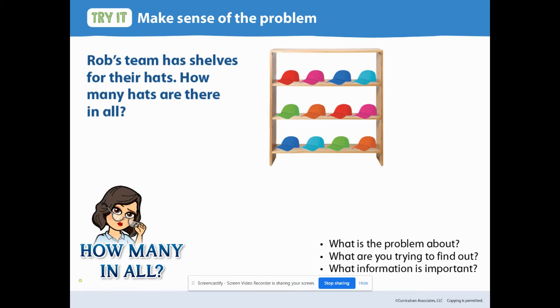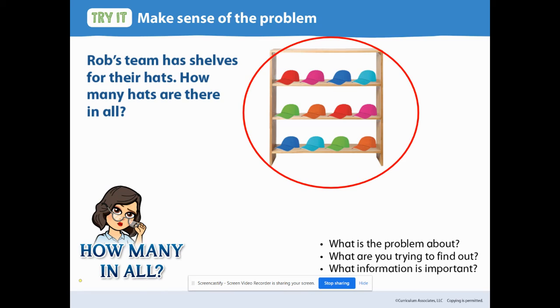What are you trying to find out? How many hats are there in all? And what information is important? Well, if I look right over here, that picture is very important, isn't it? So your job right now is to find how many hats are there in all.